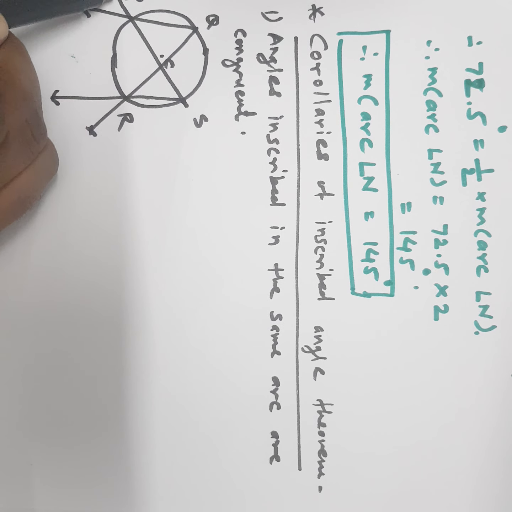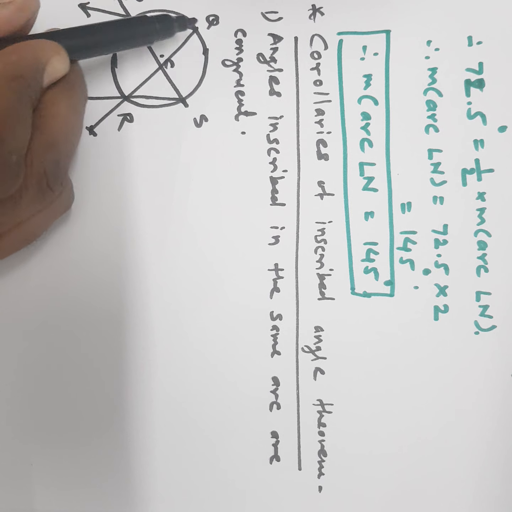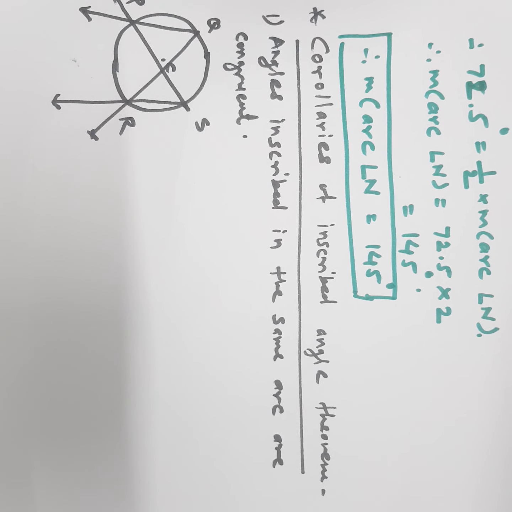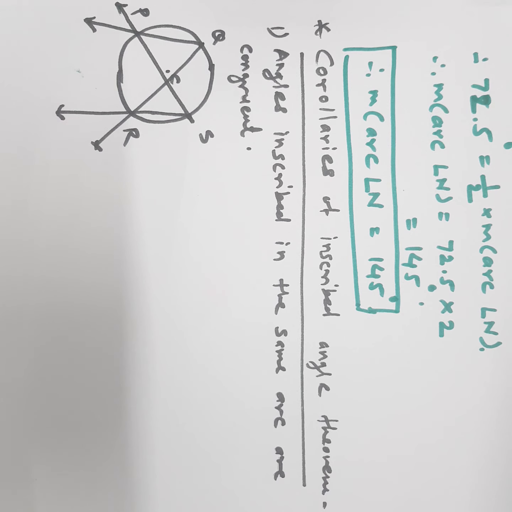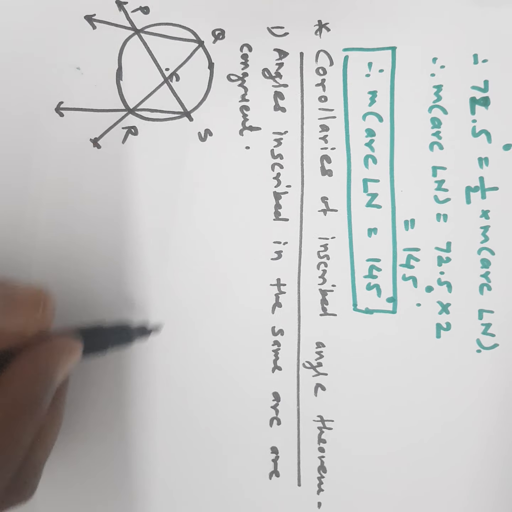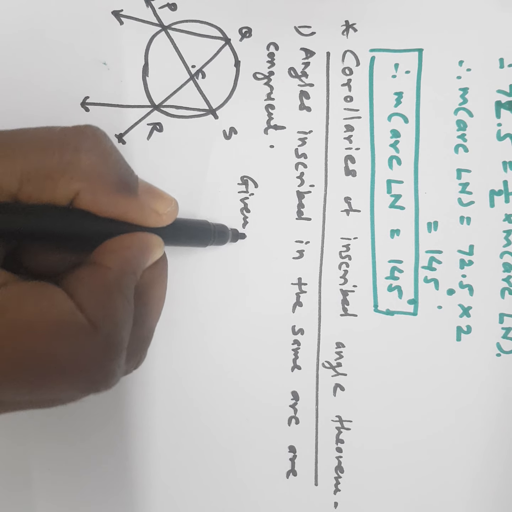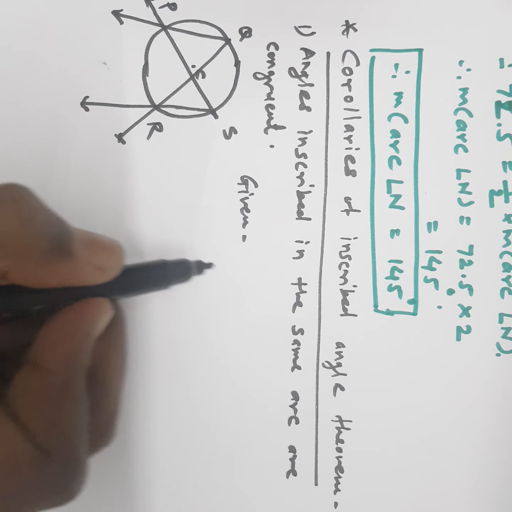Both the arms of angle PQR and PSR pass through point P. To prove this theorem we will first write the given. What is given here?